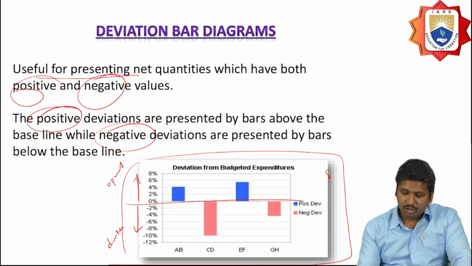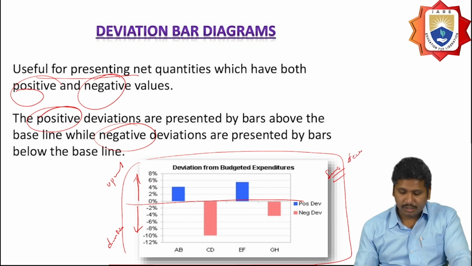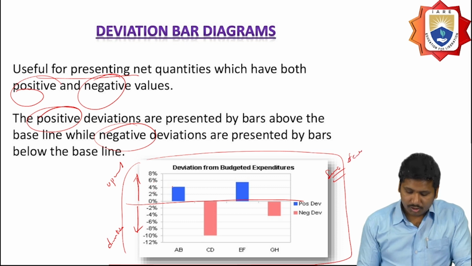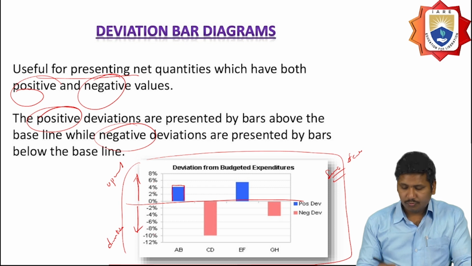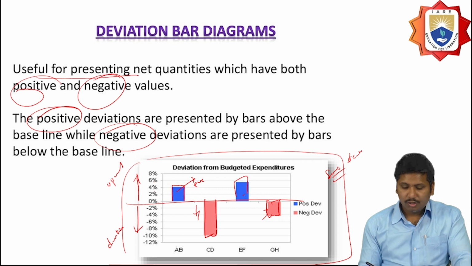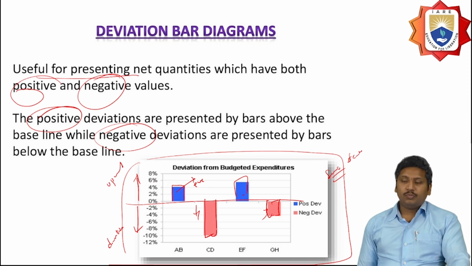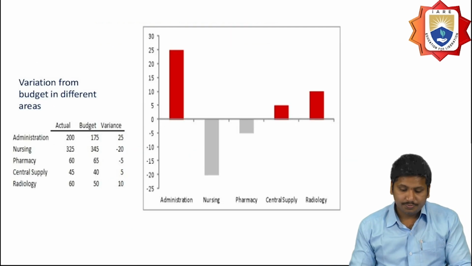Most of the time this is seen in census records, right? In census rates, if it is moving upwards, that means positive, and sometimes it moves in a downward direction. So what will happen? It should be negative. Like this, I can understand the positive and negative deviations also.